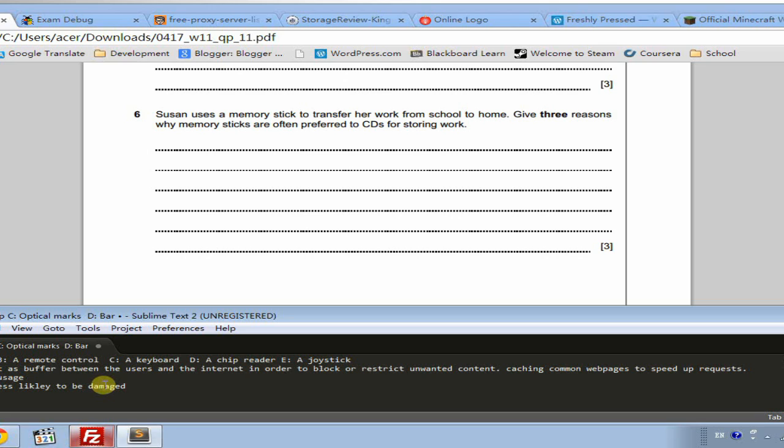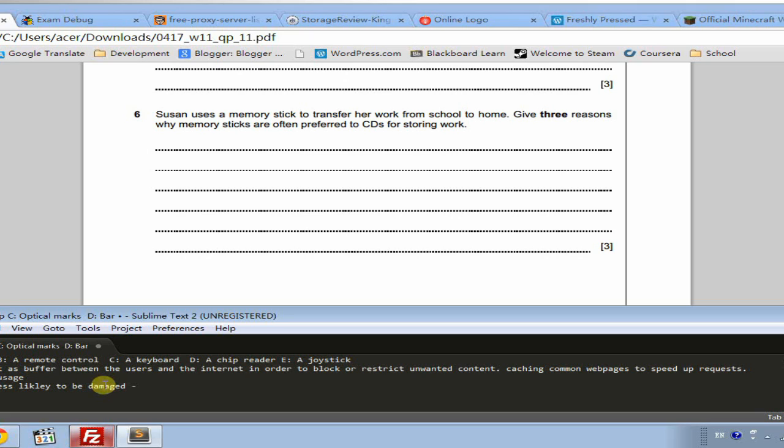So CDs are pretty fragile. As someone who has often left piles of DVDs outside their boxes, I can tell you that they often get scratched and ruined very, very easily. So you've got to protect them, keep them in boxes, to keep them safe, whereas pen drives are much less likely to be damaged.